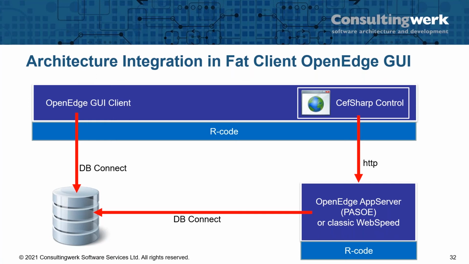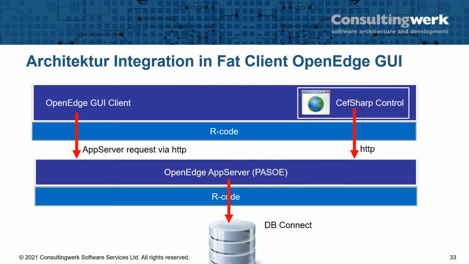That connects to the database. And on the bottom right, we have an application, either PASOE or possibly classic WebSpeed, serving the web application. And that also has its R code and the database connection.